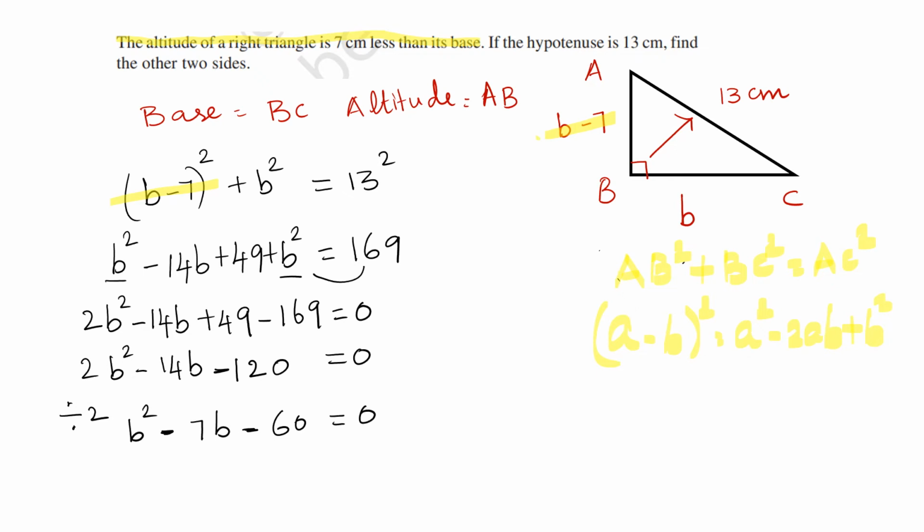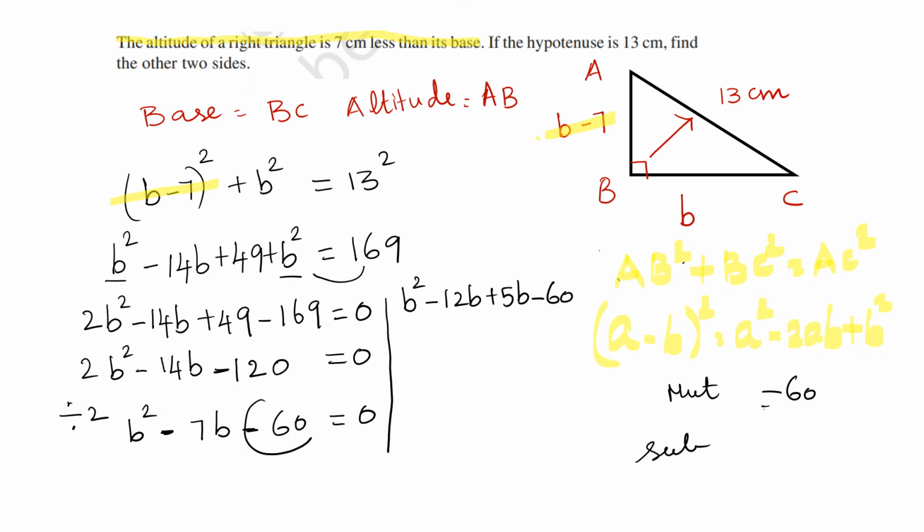So for this b² − 7b − 60 equal to 0, we are going to find the roots now. This can be written as b² − 12b + 5b − 60 equal to 0, because when you multiply you should get −60, and when you subtract you should get −7.